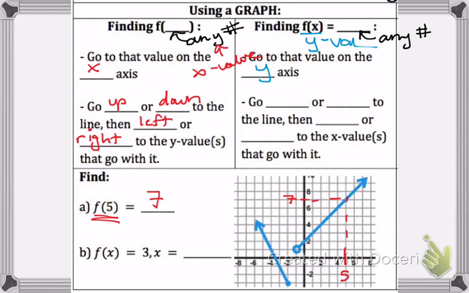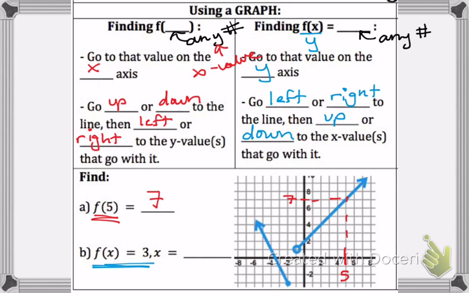So we go to that value on the y-axis, then we're going to go left or right to the line, then up or down to the x values that go with it.